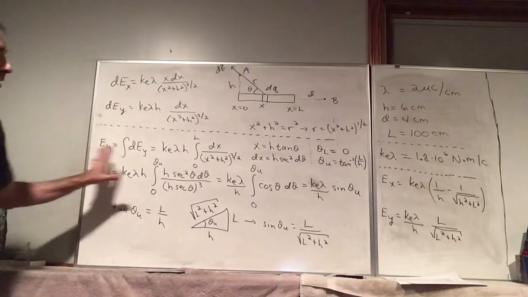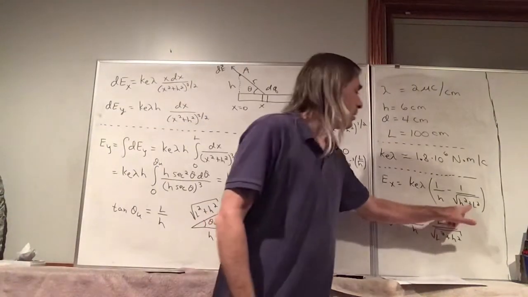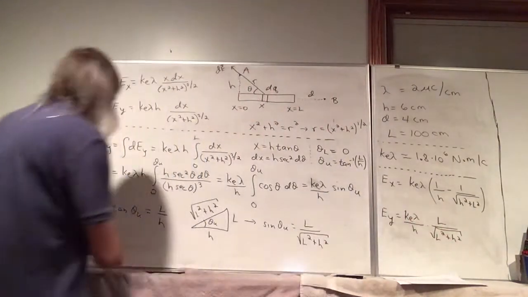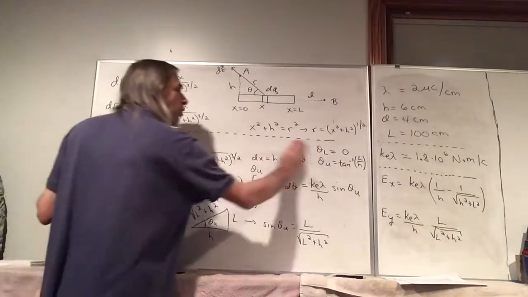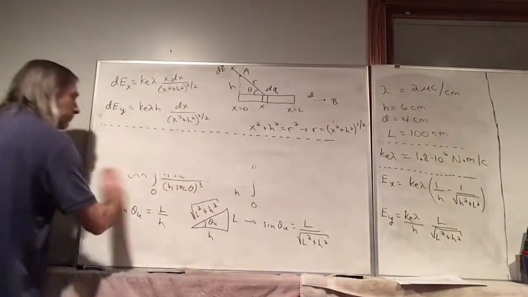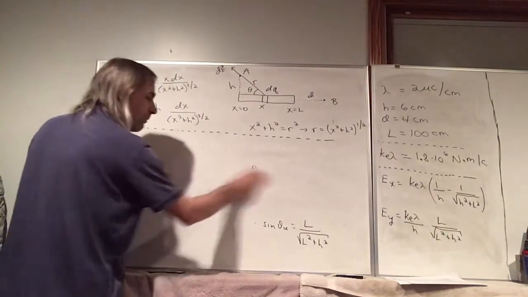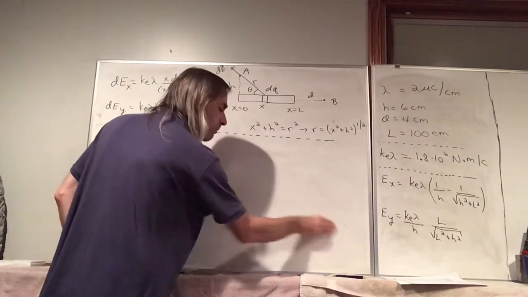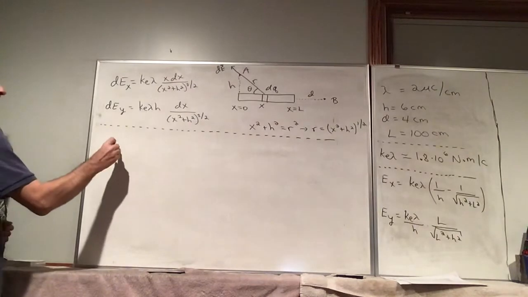So I'm going to erase all of this. And we have one common thing here, the square root of L squared plus h squared. So let's do that. We'll kind of do this in pieces and then put them all together. All right, so let's do L squared plus h squared.